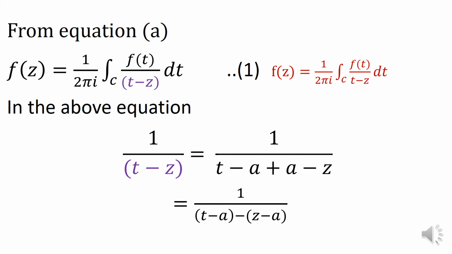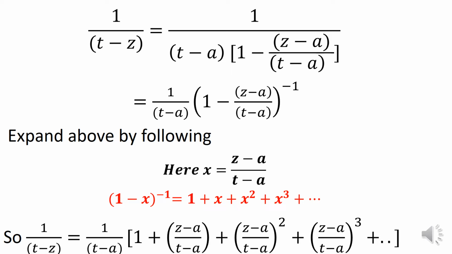So minus a is added and minus a subtracted, so the formula will not change. Same formula will be there. Now combining, I have taken the minus sign out, what will be there? It will be z minus a.